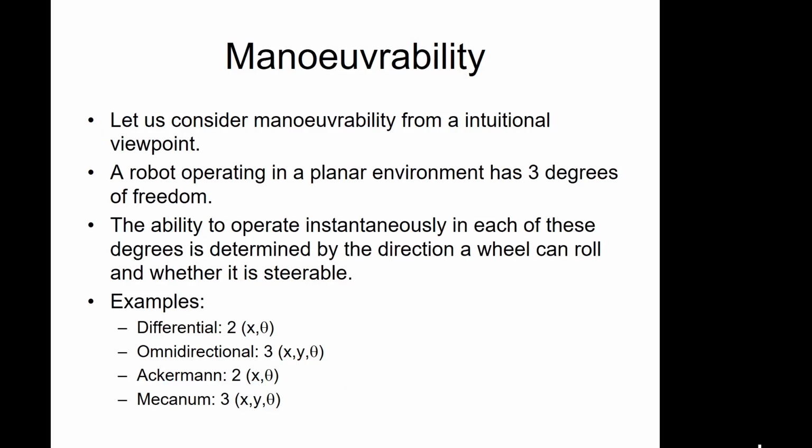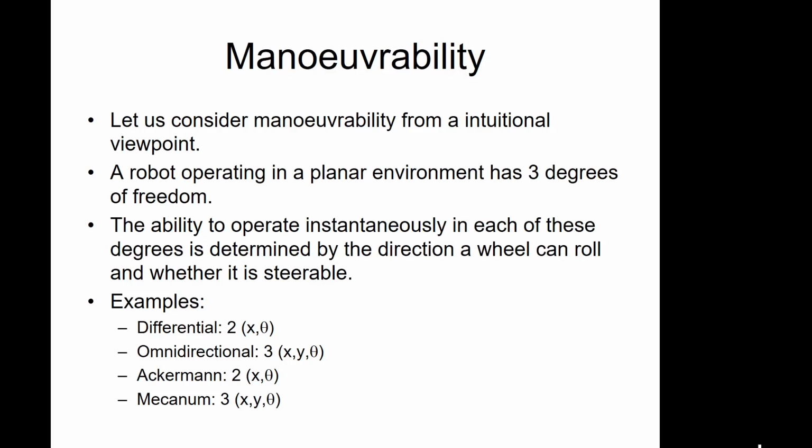So we're talking about robots being on a flat plane, so a robot can move in the X direction, it can move in the Y direction, or it can rotate about the Z axis. Okay, so we've got 3 degrees of freedom for a robot that operates on a flat surface.